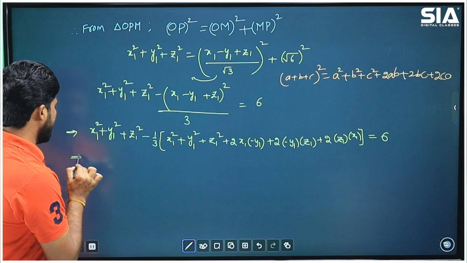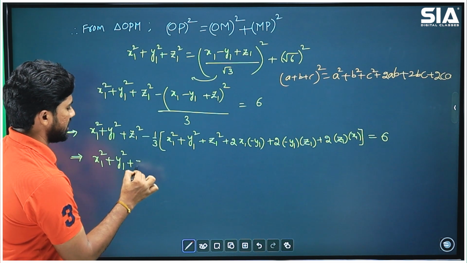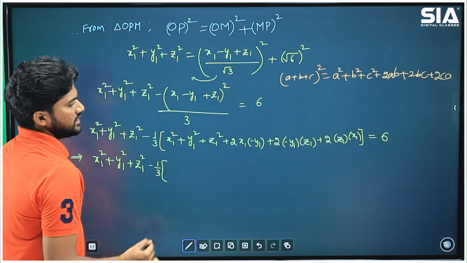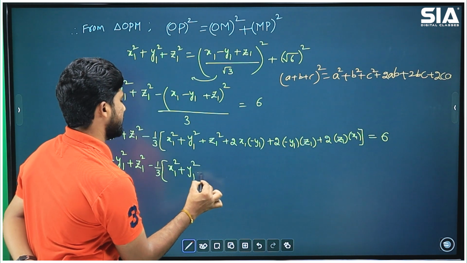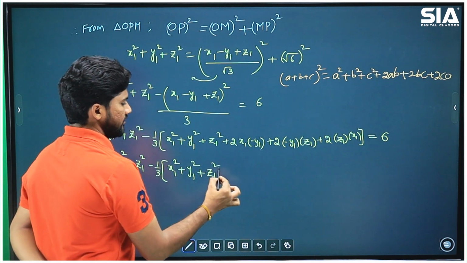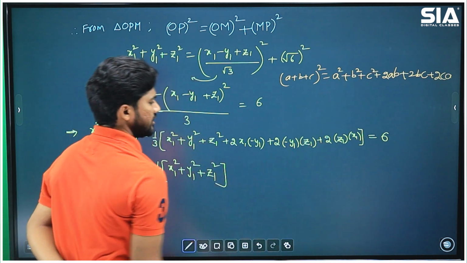Just writing again: x1 squared plus y1 squared plus z1 squared minus 1 by 3, I am writing as it is. So x1 squared plus y1 squared plus z1 squared, I am multiplying this minus 1 by 3 with the remaining 3 values.